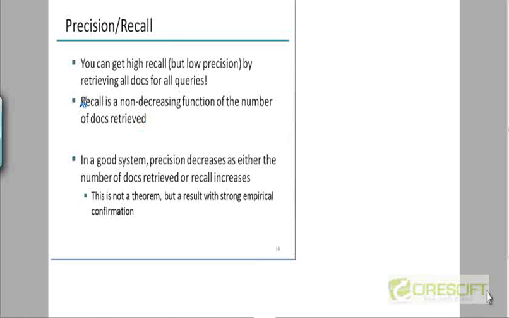Now, here's a point. Recall is a non-decreasing function of the number of documents that are retrieved. Can anybody explain why this is the case?